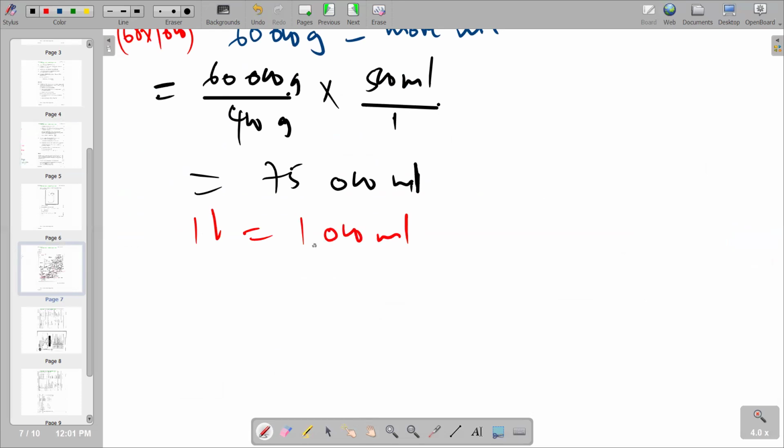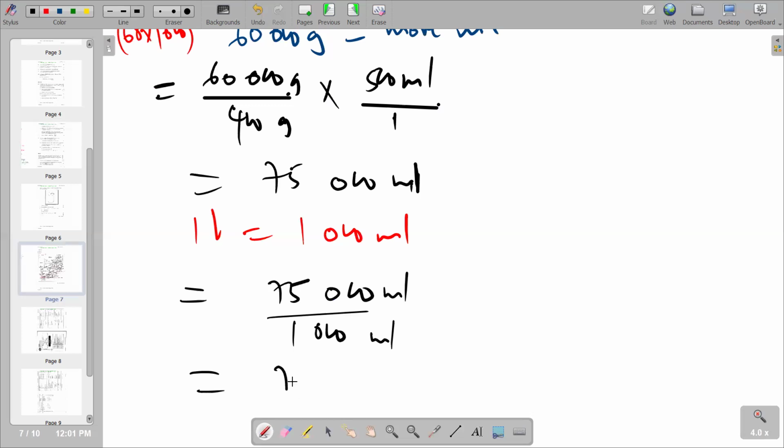So in that case, to convert our milliliters to liters, we divide by 1,000. 75,000 milliliters divided by 1,000 becomes 75 liters. So this becomes your final answer. So basically, this is what we have.